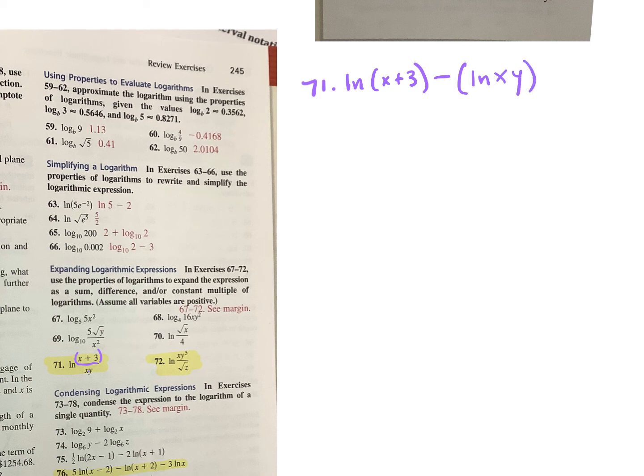When I split this up into addition, because I'm still multiplying here, I have to make sure I subtract both of them because this minus applies to everything that's on the bottom. So it would be ln of x plus 3 minus ln of x minus ln y. So everything that's on the bottom gets a subtraction sign.